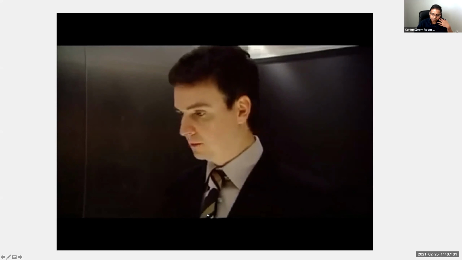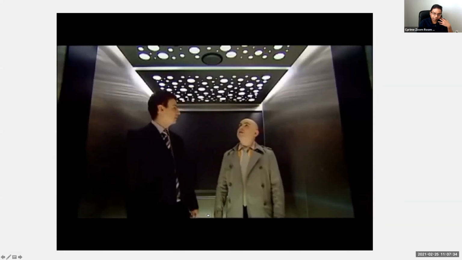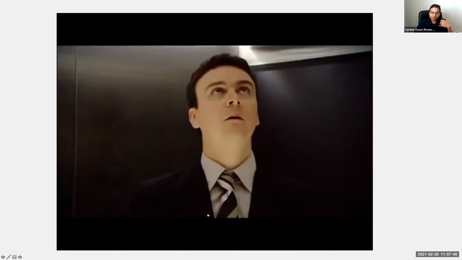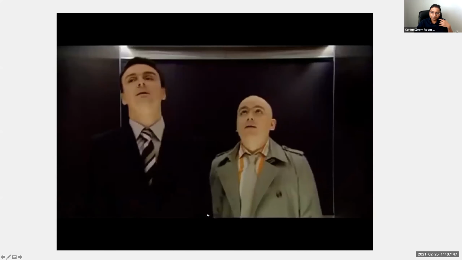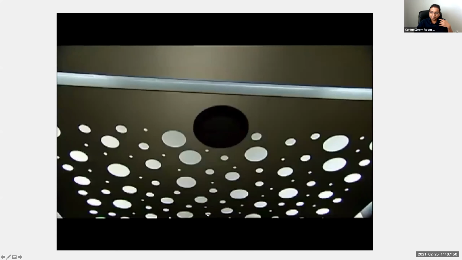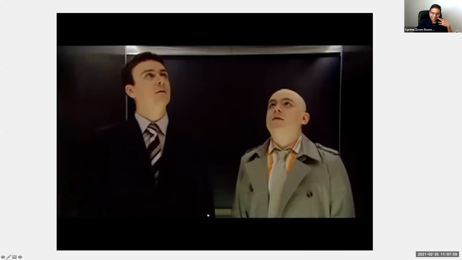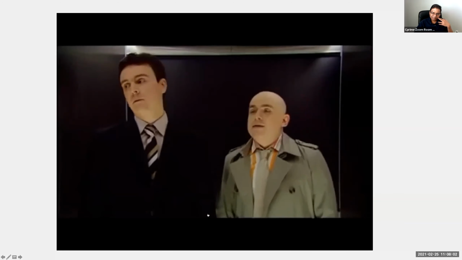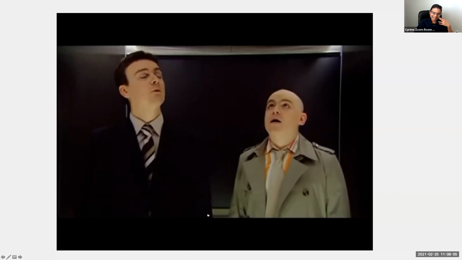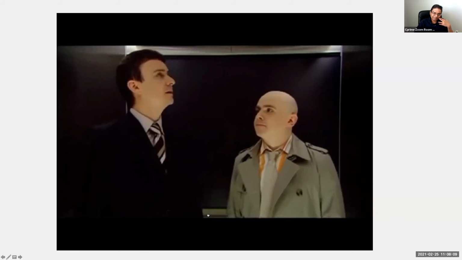What's the buttons? No, they install voice recognition technology and stuff there. Voice recognition technology in a lift in Scotland. You ever tried voice recognition technology? No, they don't do Scottish accents. "11." "Could you please repeat that?" "11." Whose idea was this? You need to try an American accent. "11." That sounds Irish. No, American.